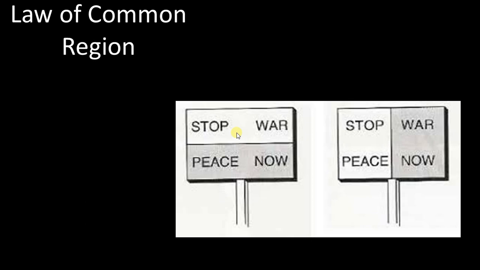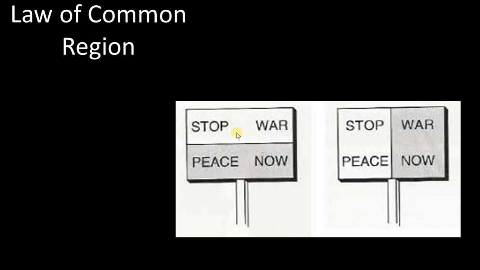But in the second picture, in the white background, we see stop, peace. So instead of reading stop war, we will read stop peace and war now. Because of the background, the region.